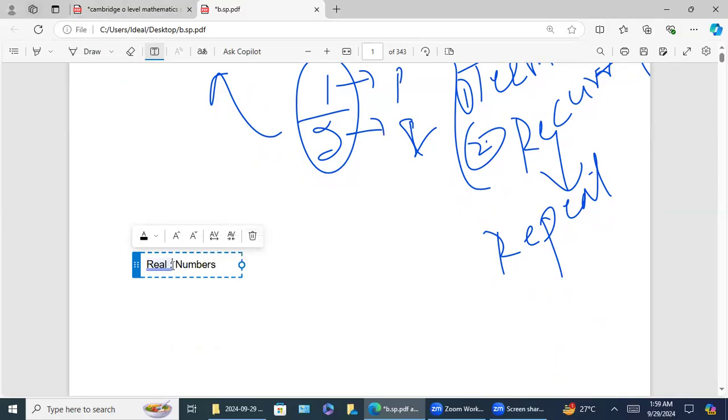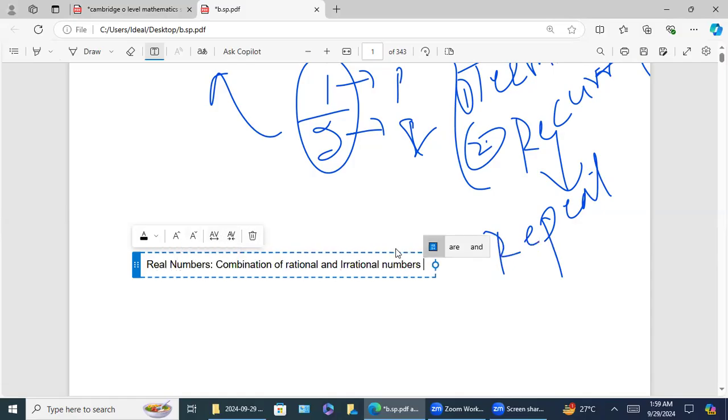Real numbers are a combination of rational and irrational numbers. We can say that is called the real number.